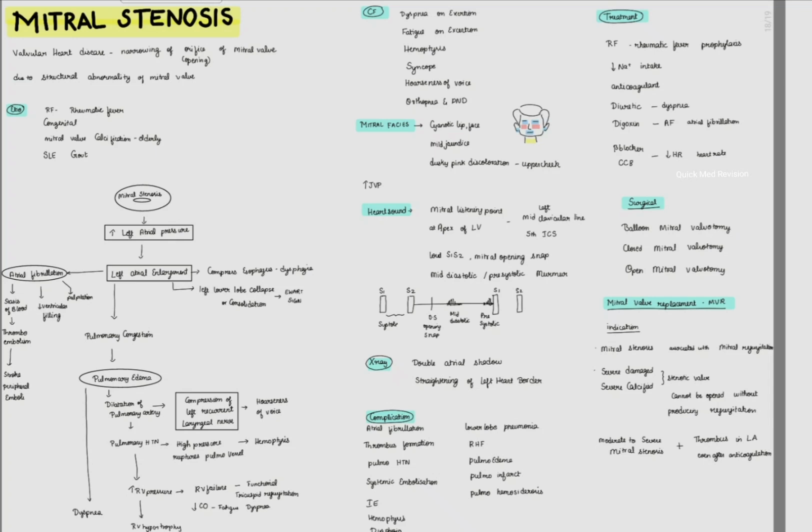There will be atrial fibrillation due to left atrial enlargement. Then we have to remember 2-3 clinical features: mitral facies, as you can see in the diagram, heart sounds, which have an opening snap, diastolic and presystolic murmur. Then radiological findings, complications, treatment, medical treatment, surgical treatment, and finally indications of mitral valve replacement.